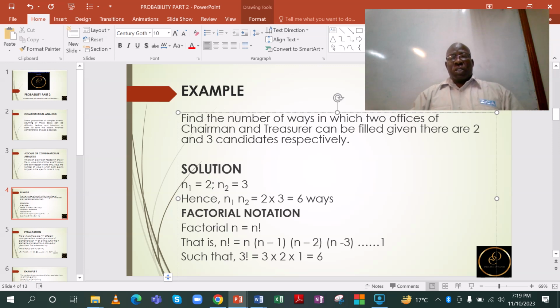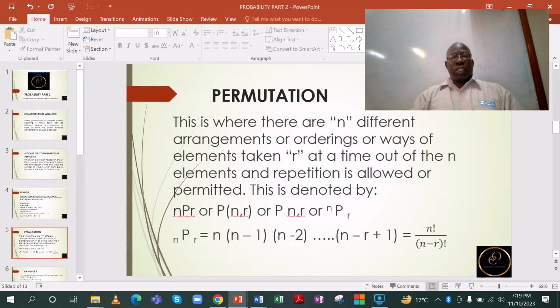So we move on to look at the next one, which is permutation. What do we mean when we say permutation? Permutation is where there are different arrangements or orderings or pairings or ways of taking r elements at a time out of n elements, and repetition is not allowed.